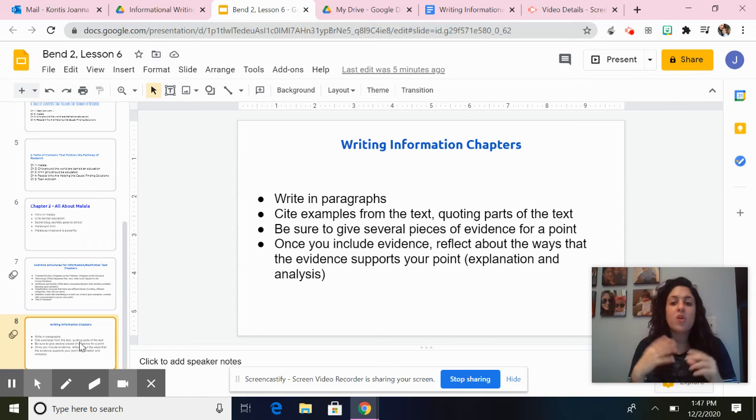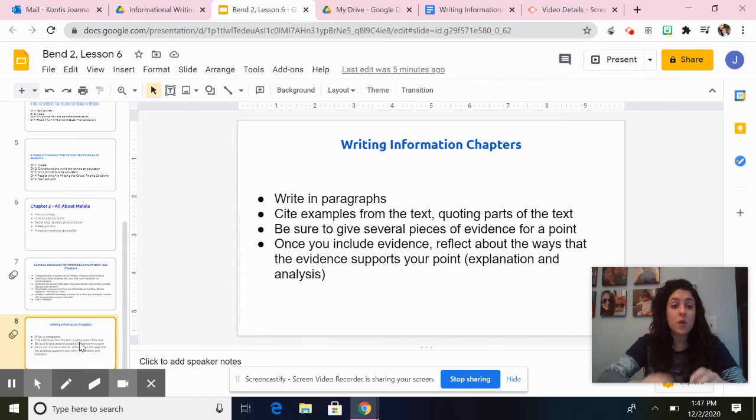And once you include your evidence, you have to analyze it. Why did you pick that piece of evidence? Why is that evidence relevant? So you're citing and quoting, then you're giving your evidence, and then you're explaining and analyzing that evidence. It's super important to make sure you're doing all of that.